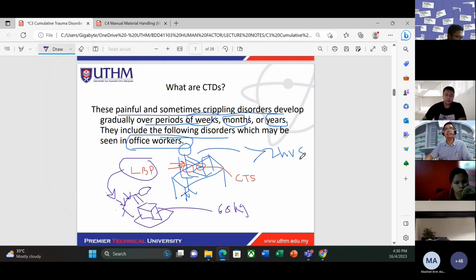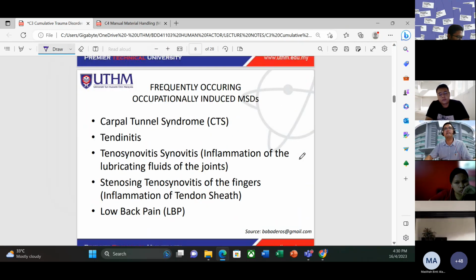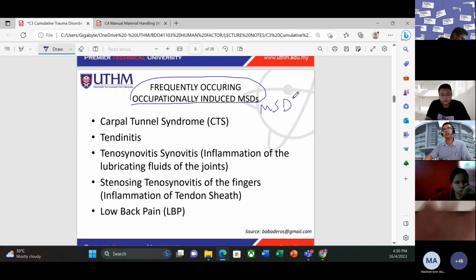Okay, so we look at the next slide. Frequently occurring occupationally induced MSDs. This is the list of MSD injuries.